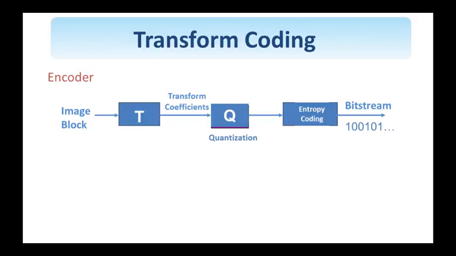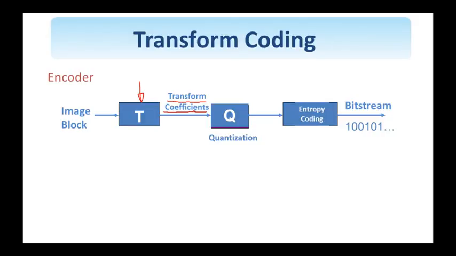With transform-based coding, we take the transformation of the data of an image or an image block. The objective is to obtain transform coefficients which ideally are statistically independent. So the contribution of each coefficient towards the original image is independent from the contribution of the remaining coefficients.